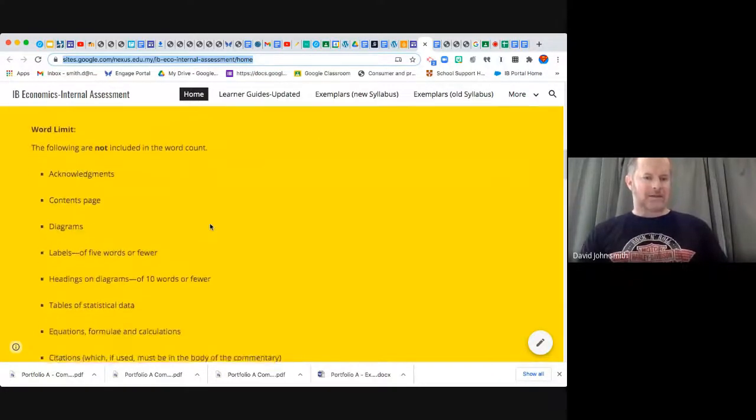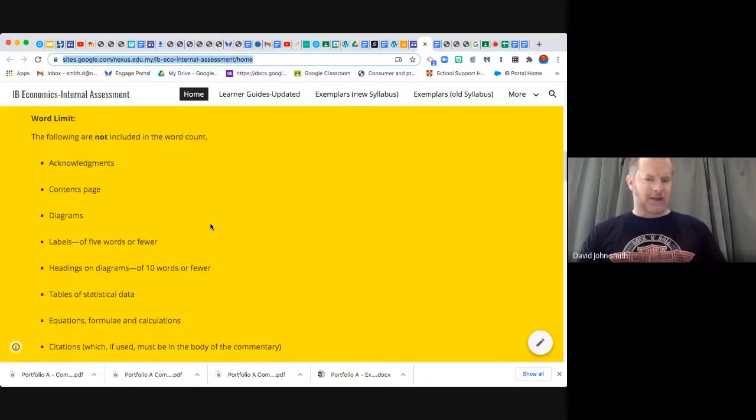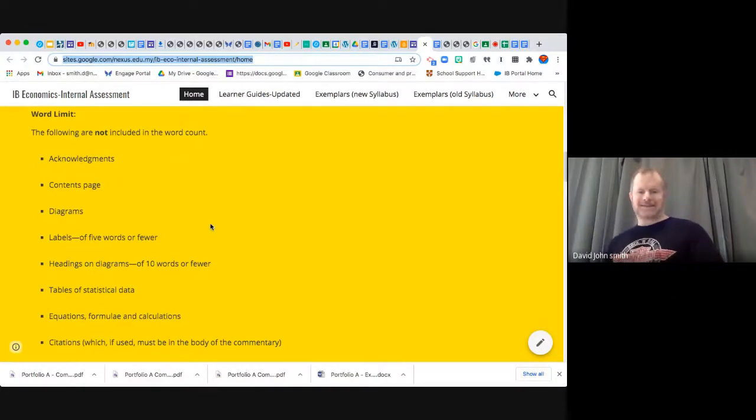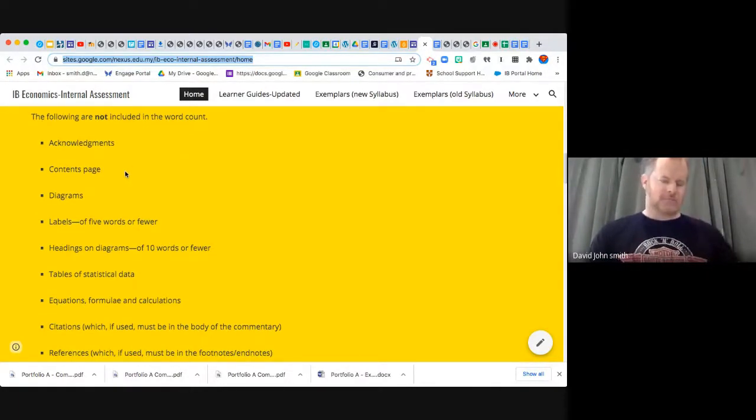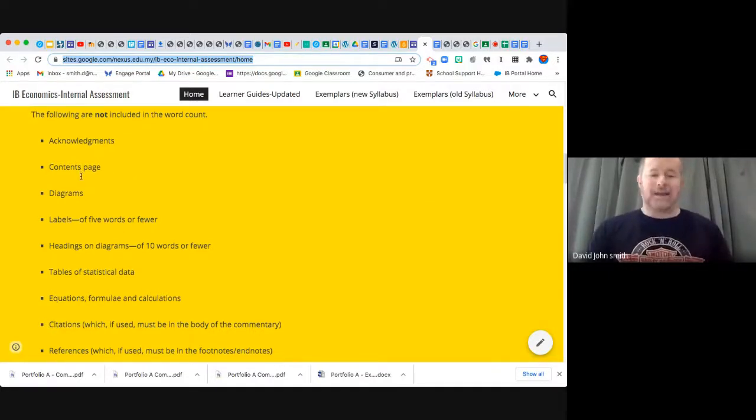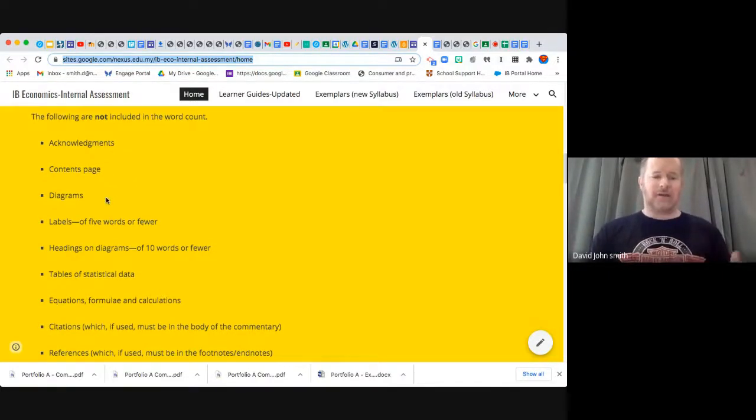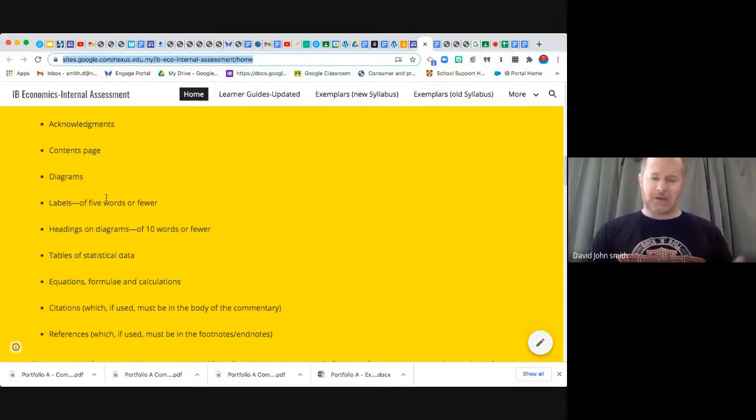Now, I get asked this all the time, so I've got it here in bright yellow, right? These are not included in your word count, okay? Any acknowledgements that you do. Any contents pages that you have, any diagrams that you use, being careful because the labels on your diagrams need to be 5 words or fewer.